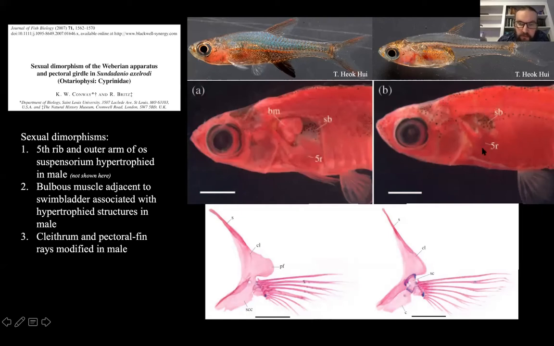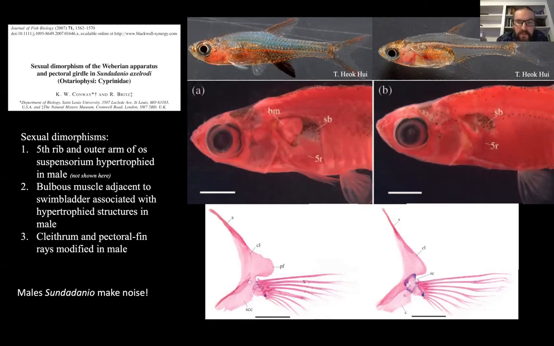And the female lacks this muscle entirely, or at least it isn't developed to the same extent as it is in the male. There's also differences in the pectoral girdle, including a very large process on the cleithrum in the male, which is absent in the female, and then a highly modified pectoral fin ray. And based on all of these differences, we also suspect that male Sundadanio are capable of producing sound.